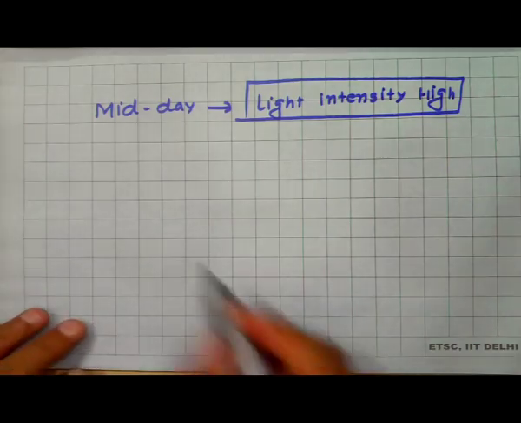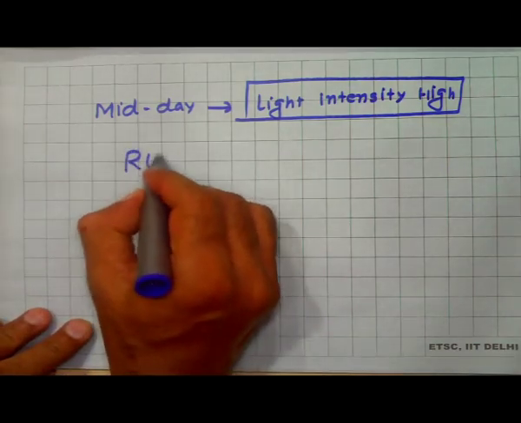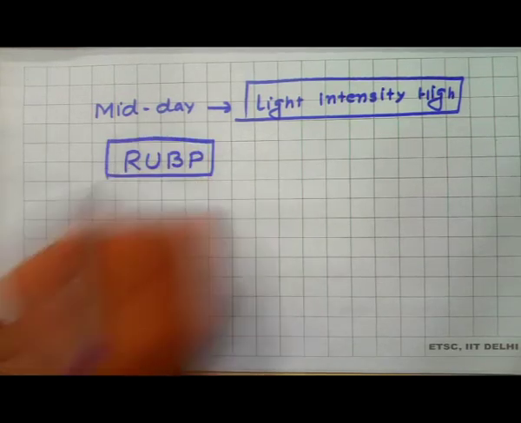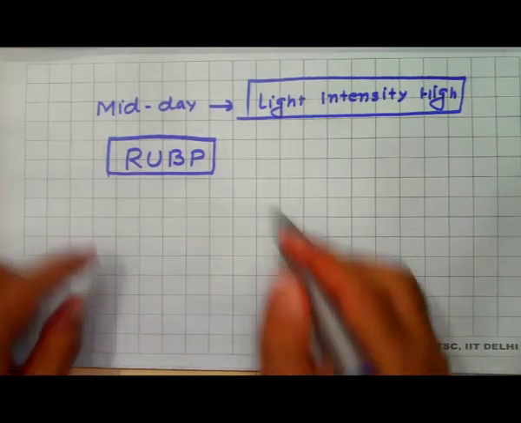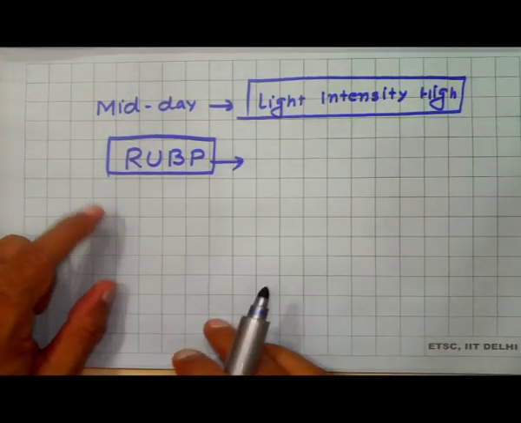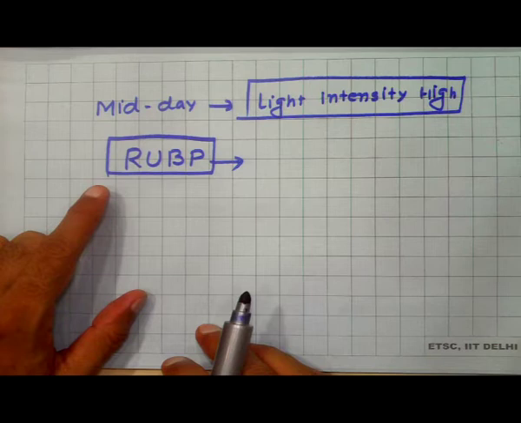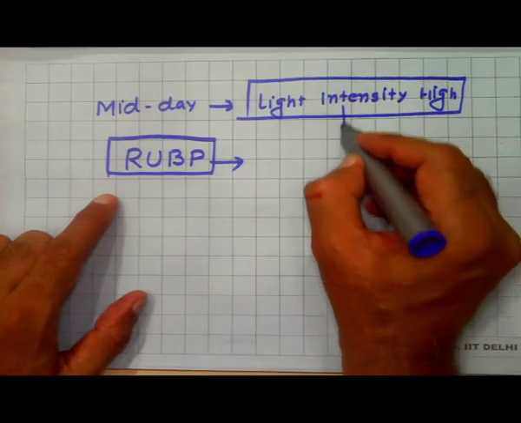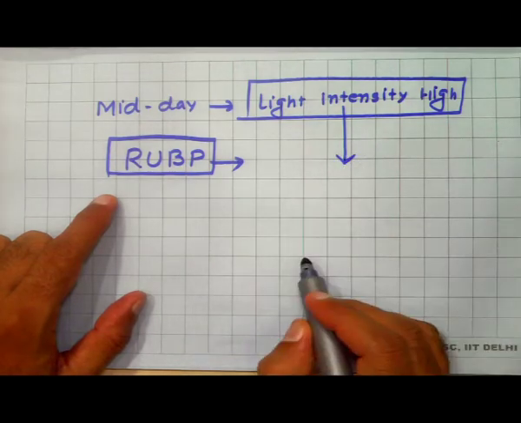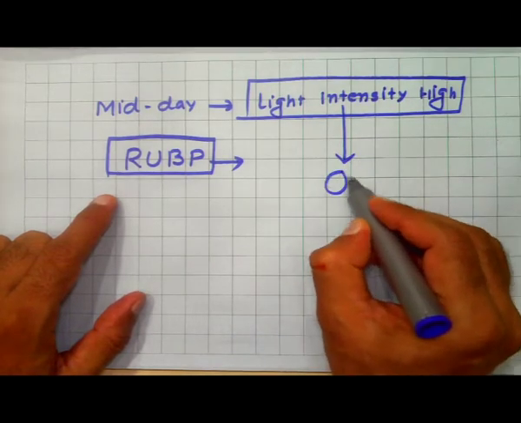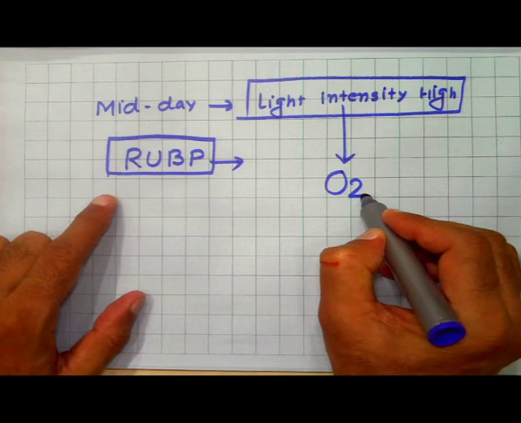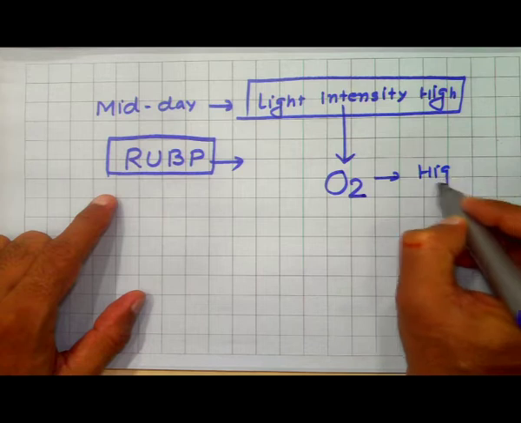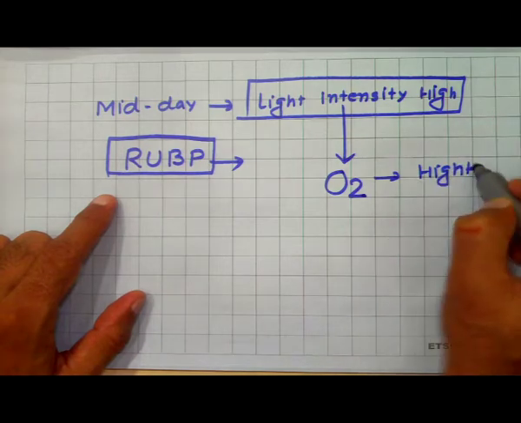During this hour, the RUBP, we have already discussed, the enzyme Rubisco, abundant on earth, has a dual nature. At high light intensity, the rate of photosynthesis is high, and the oxygen concentration in the environment during midday is high, because of photosynthesis.